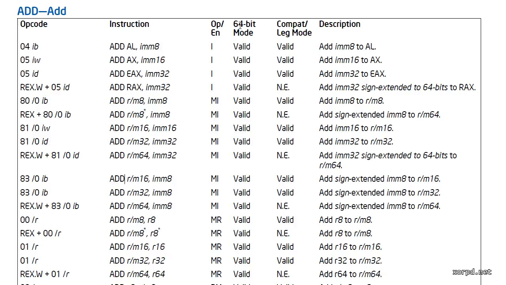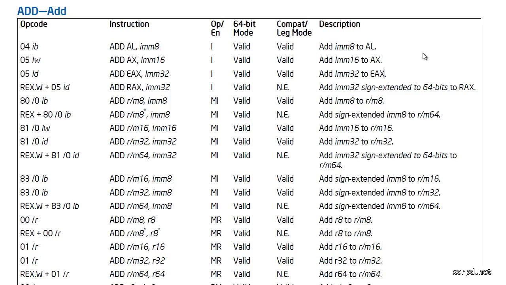I will not discuss those columns at this time, and I want to skip to the description column, which contains a very short textual description of what the instruction does. As an example, for this instruction, add EAX immediate 32, it says add immediate 32 to the register EAX, which is exactly what the add instruction is supposed to do.